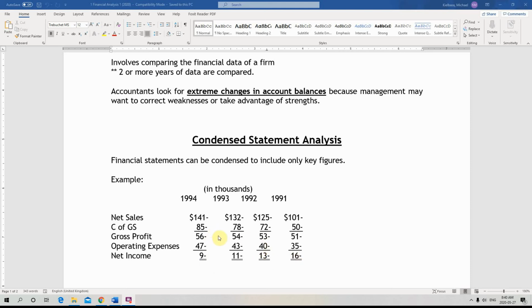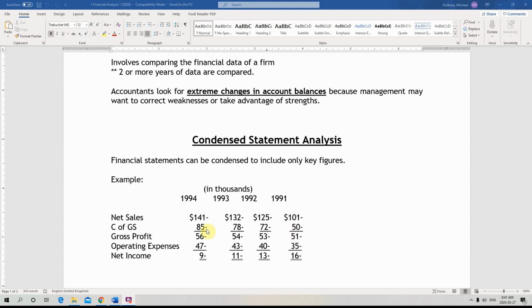One thing is you'll notice that our cost of goods sold have steadily increased over that 4-year period from 50,000 in 1991 to 85,000 in 1994.